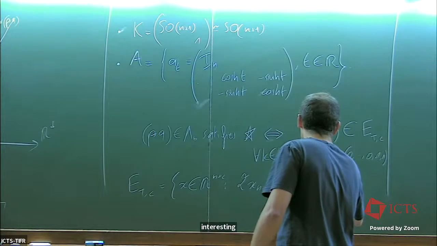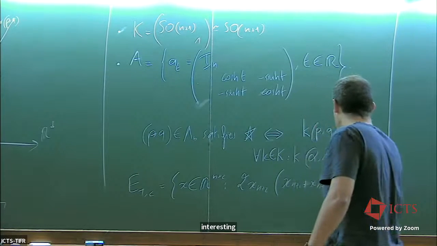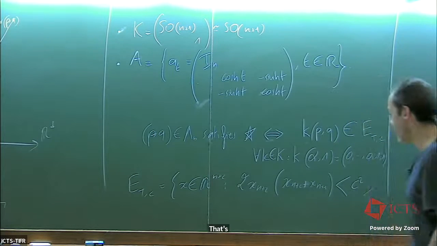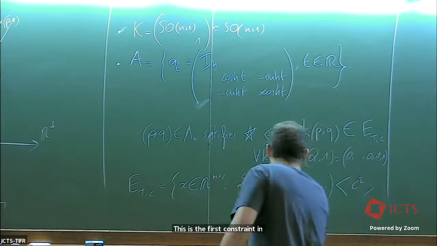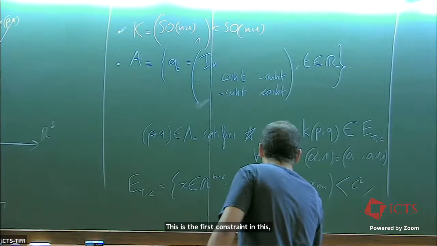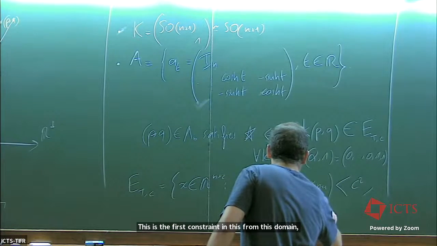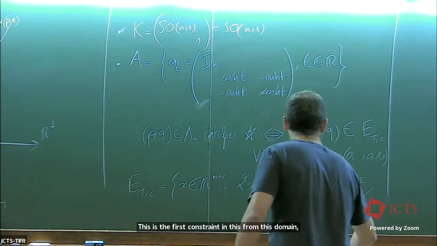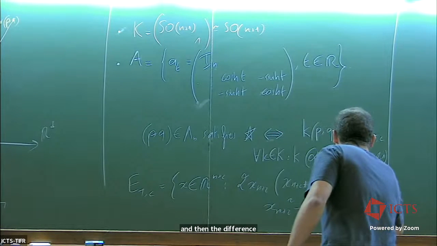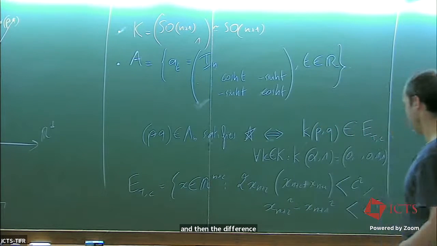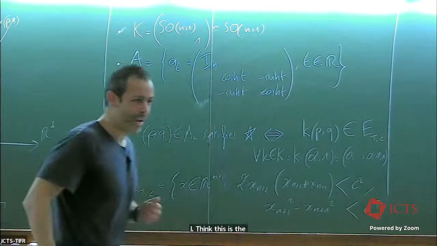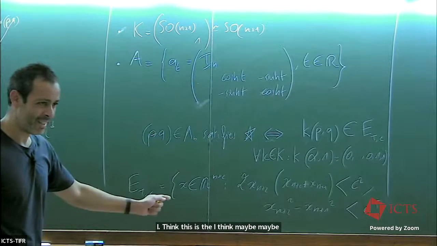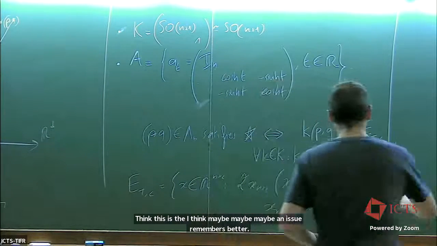It's y, so this should be smaller than C2. This is the first constraint for this domain, and then the difference is smaller than ET. I think maybe Anish remembers better. I think this is the formula.